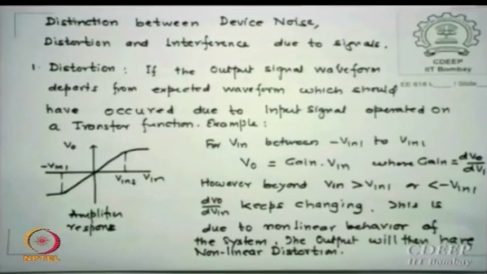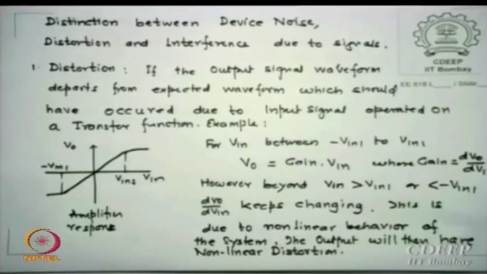If the output waveform is a function of input times some transfer function, and the value you see in reality is not the same as what it should have been, then you say the output is distorted from the ideal value you thought you should have.